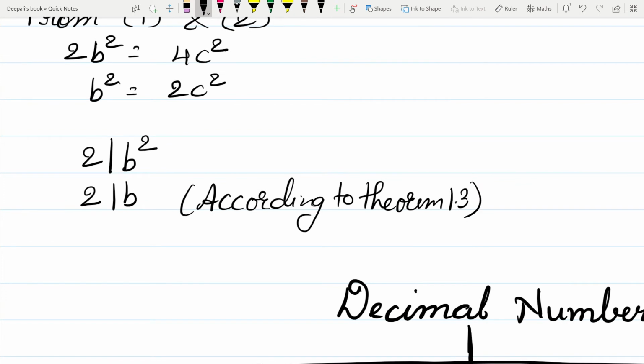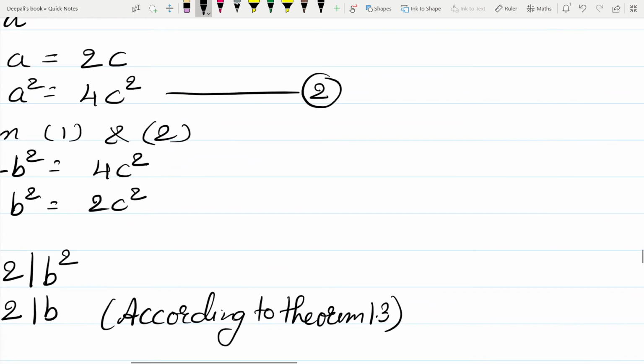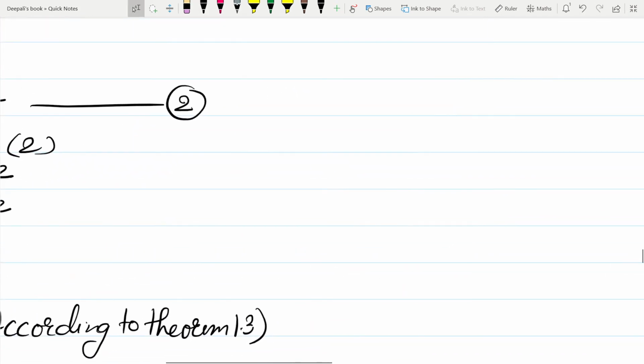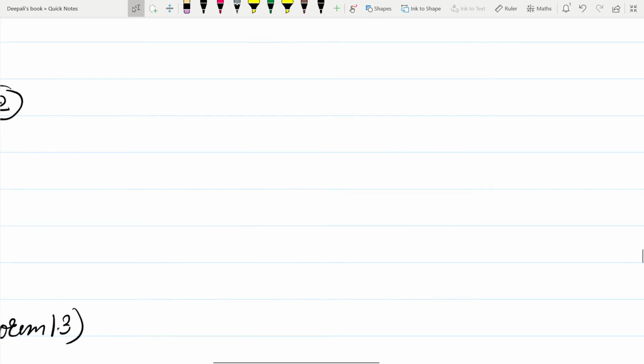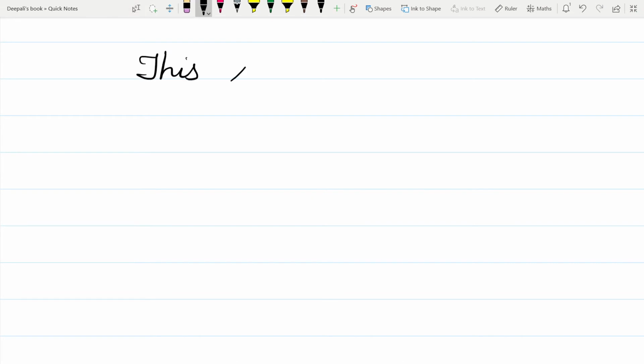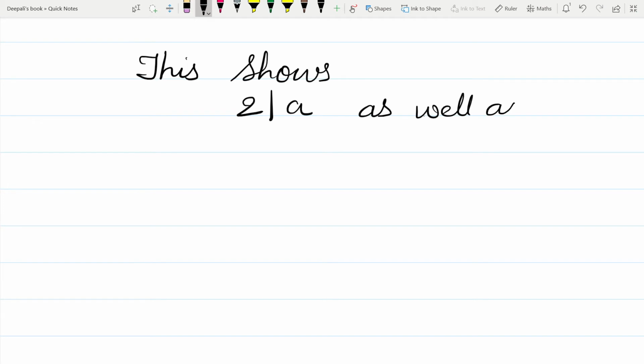Now if 2 divides b and 2 divides a, this shows 2 divides a as well as 2 divides b.